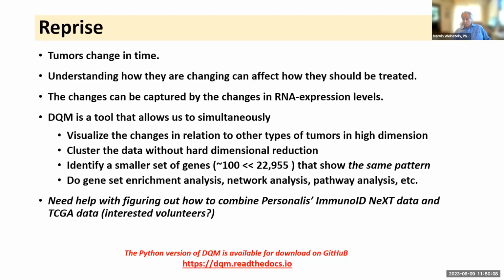And once you see these different clusters, then you can go in, having reduced the number of genes, and do a gene set enrichment analysis, a network analysis, a pathway analysis with all of the data, let's say TCGA plus the new data for the specific patient. But as you've seen, I can't do this now because the Personalis data, the stuff produced by their IMMoID Next data platform, and TCGA data are incompatible.